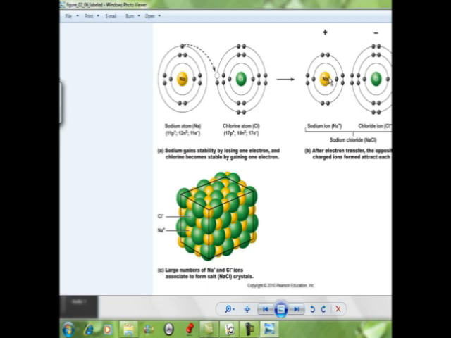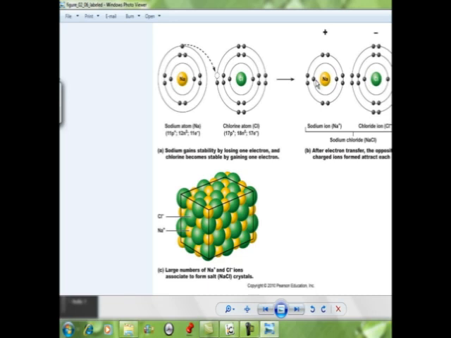Sodium, after it's reacted with chlorine, is no longer a neutral element. It has a charge. It's an ion. Because it got rid of a negative charge, it has 1 less negative charge than it does a what? Positive charge. So it forms a positive ion. It forms something called a cation. A cation is a positively charged ion. It's still an element, but it's not a what element? It's not neutral anymore because it reacted.